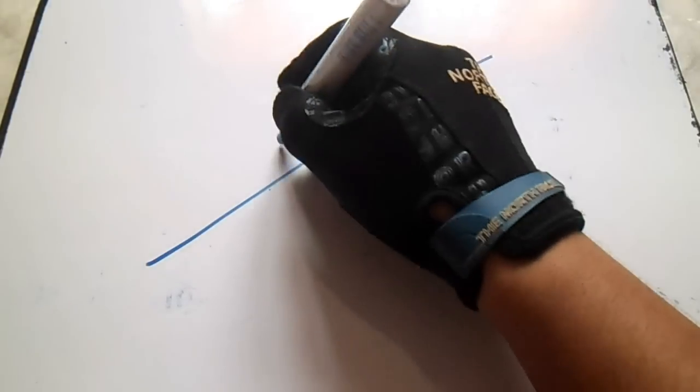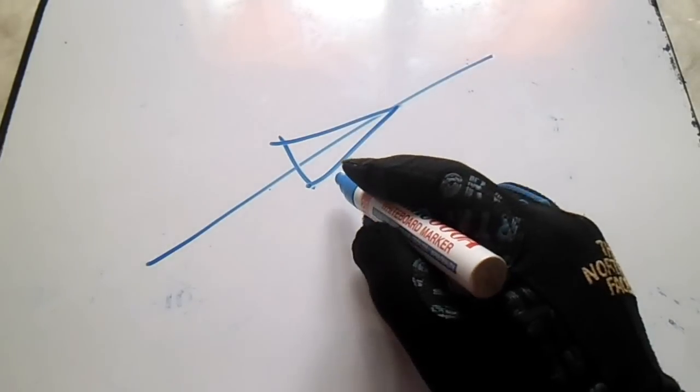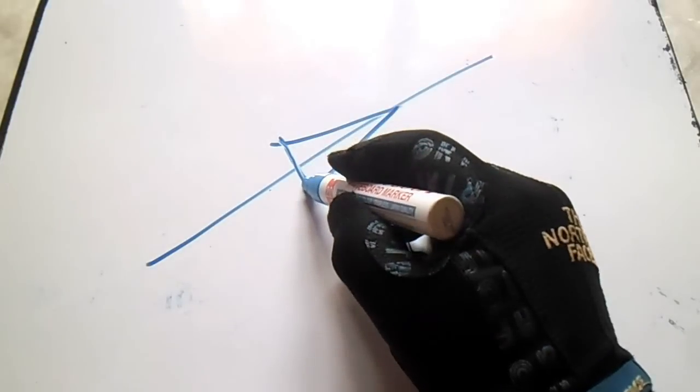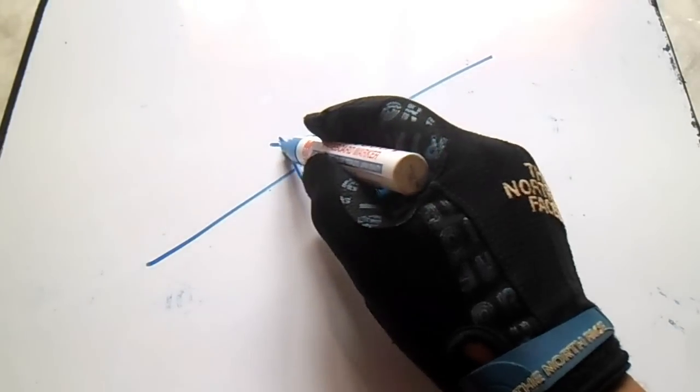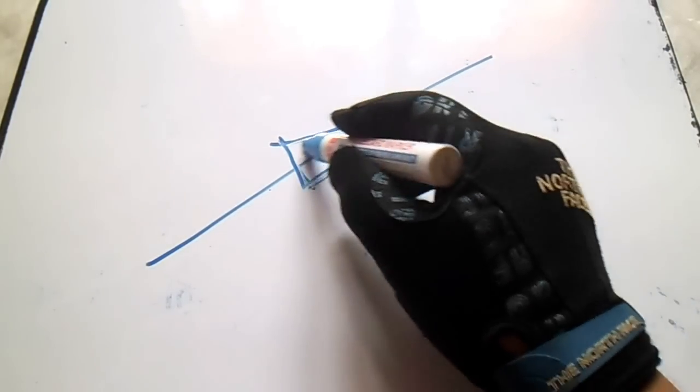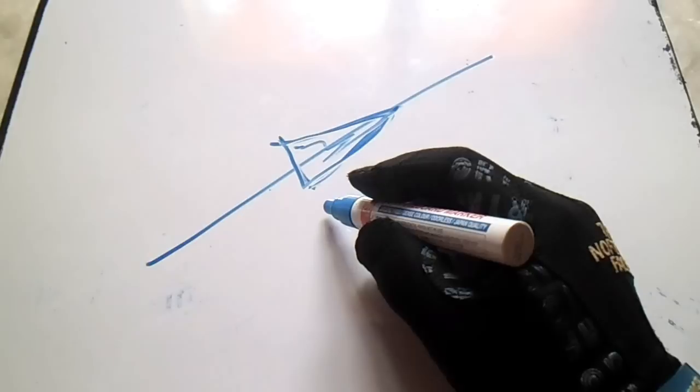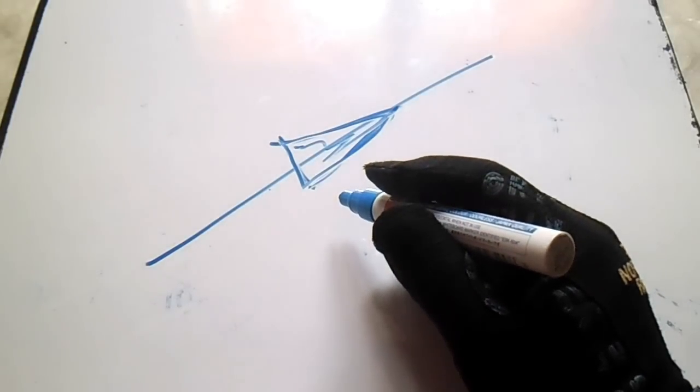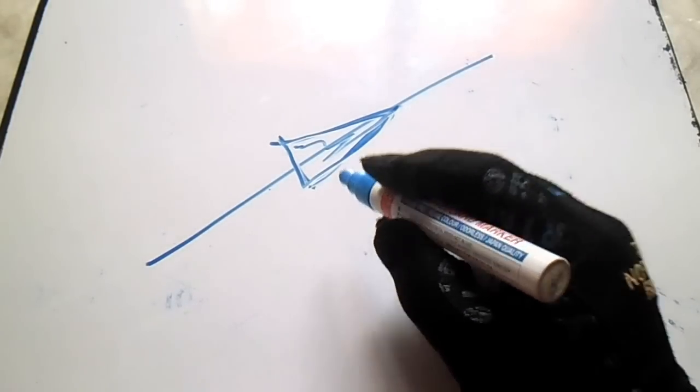This line is a very important symbol. If you see these symbols in the line of an isometric drawing, this is a flow direction. Okay, flow direction.